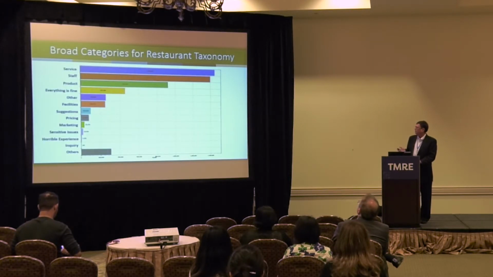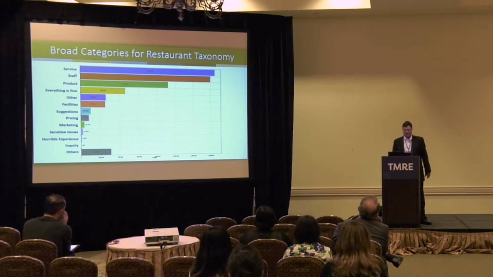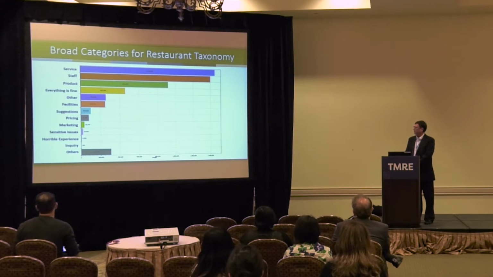So these are the broad categories that we found in the study. And these don't add up because a person's comment could involve service or a product, facilities all in one comment. So there's multiple categories a comment could be placed into based on the type of words and phrases that were detected in it. But you can see here, the majority of the comments were in the service broad category.